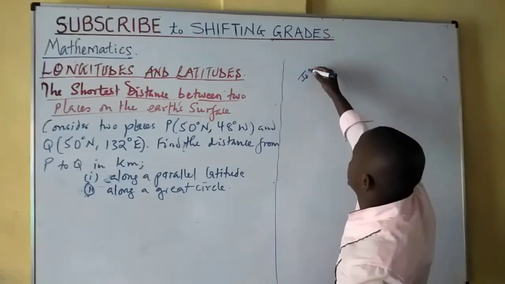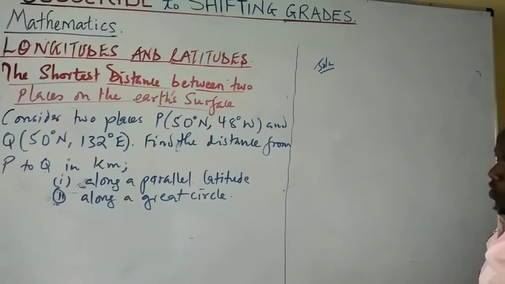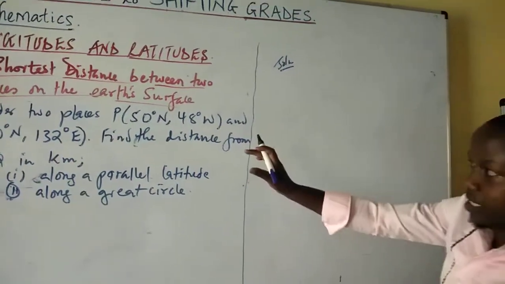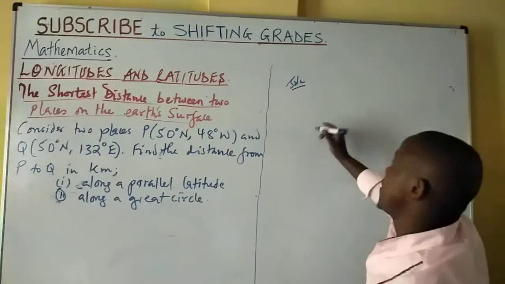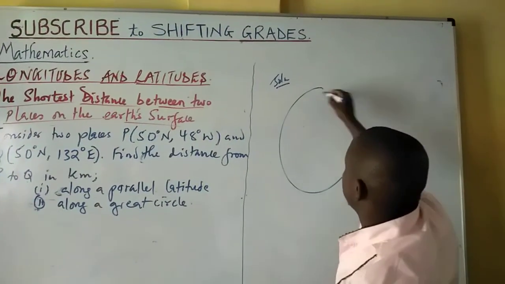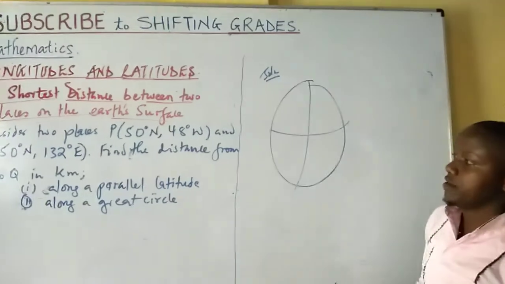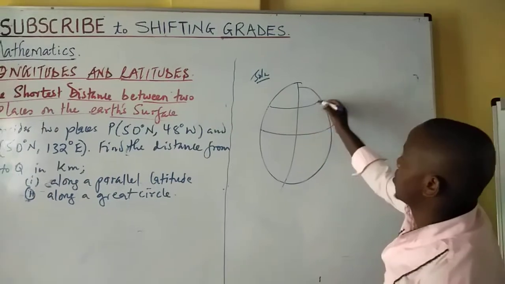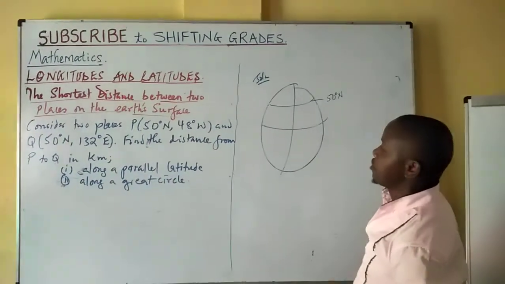Solution. We're going to do this question together. We are told place P is 50 north, therefore we sketch 50 north and 48 west.